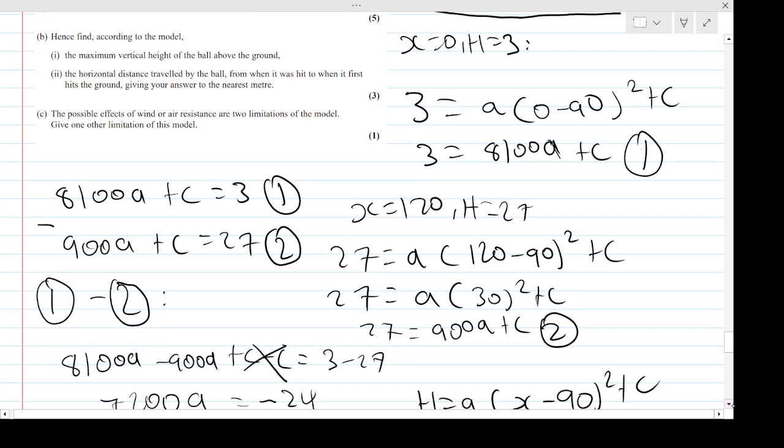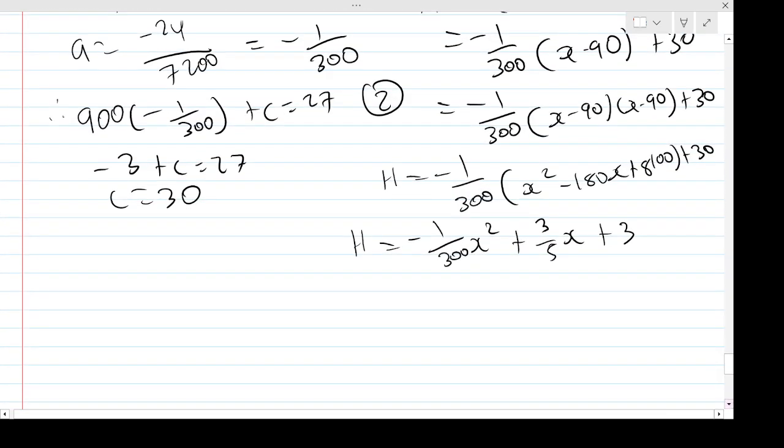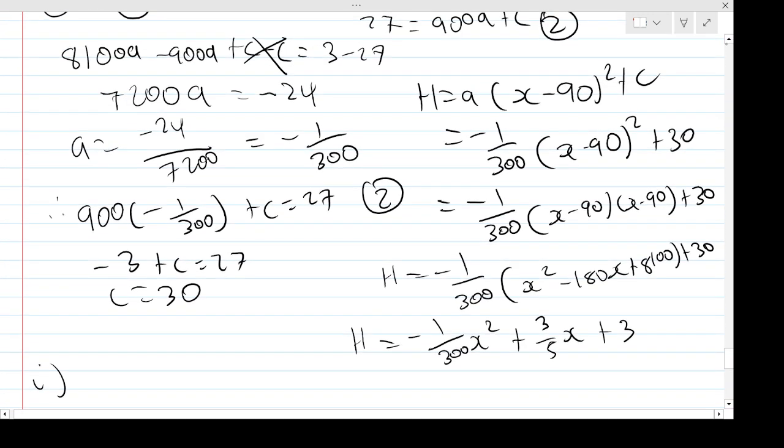Okay, so part I is the maximum vertical height, but that's going to go back to completing the square. But we don't need to complete the square because we already did it. It's this expression here. We expanded the completed square to get the quadratic form, but we already have the completed square form. So again, I'm going to copy that again.